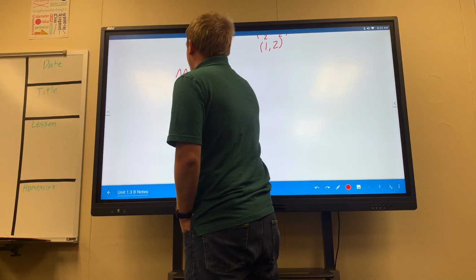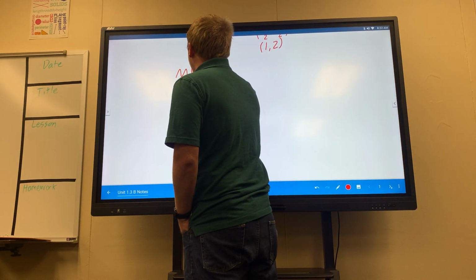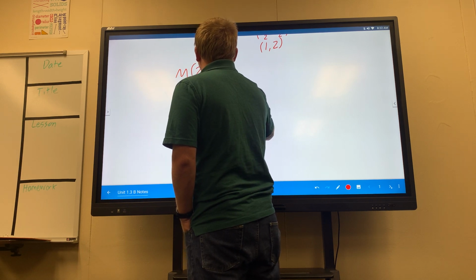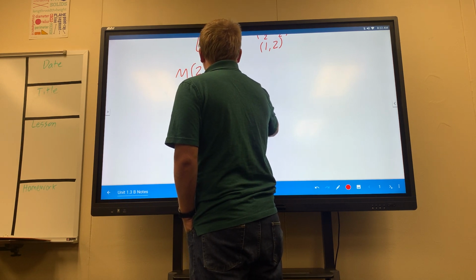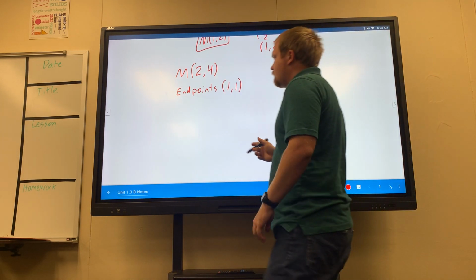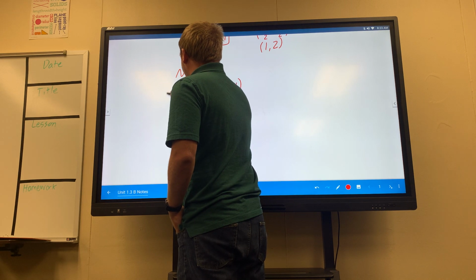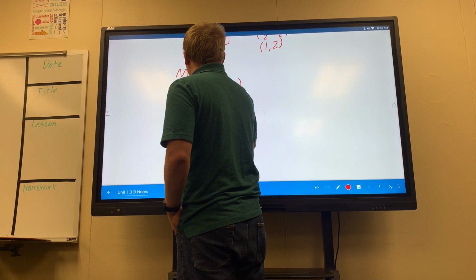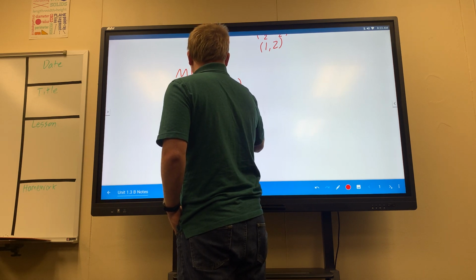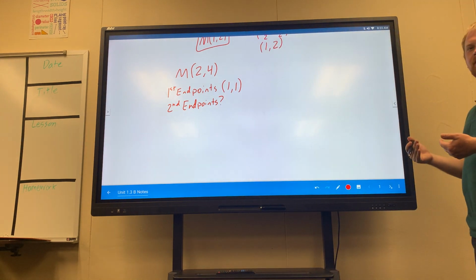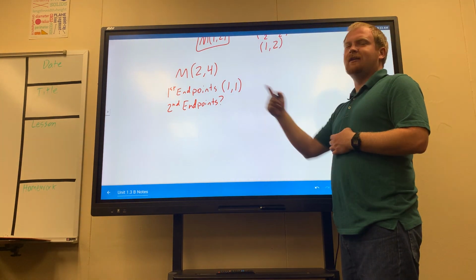And let's say one of the endpoints happens to be at (1, 1). So this is our first endpoint. Our second endpoint, we don't necessarily know. But by using the formula, we should be able to find the second endpoint.